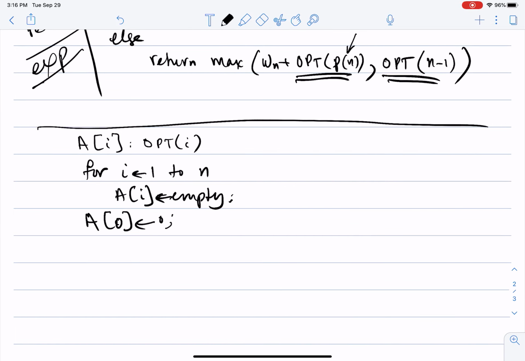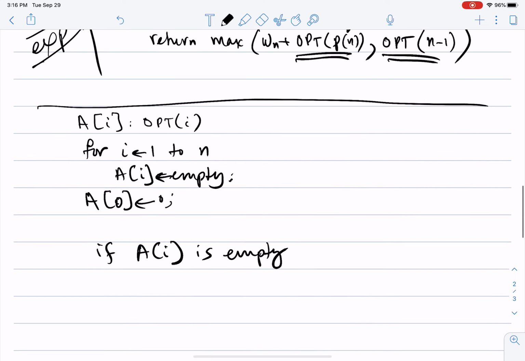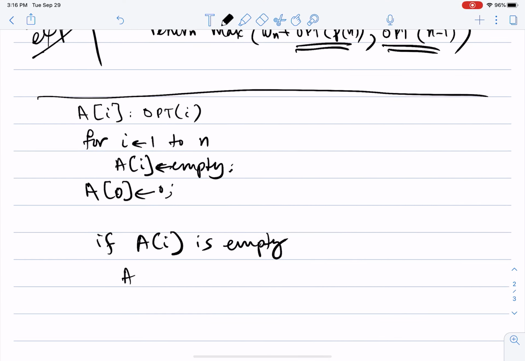So now we go through this calculation here of the matrix, or this array here, and we say if A of I is empty, then A of I, based on that recursive formula, is nothing but the maximum of A of I minus 1.